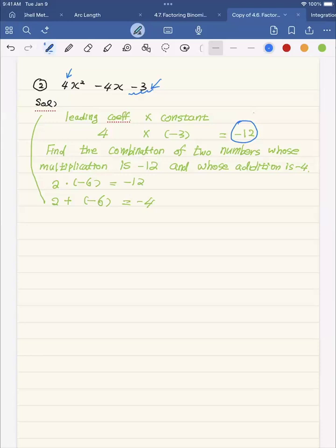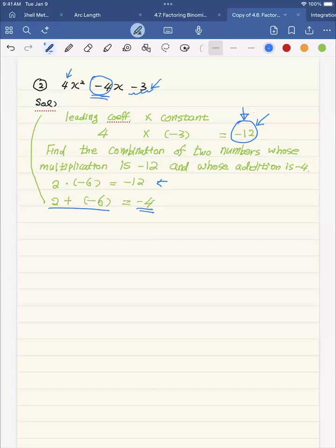And then we will find the combination of two numbers whose multiplication becomes this number, the leading coefficient times the constant, and whose addition becomes the number in front of x, which is negative 4. That number combination will be 2 and negative 6, because that'll make negative 12, which is this number. And when we add them up, it'll make the number in front of x.